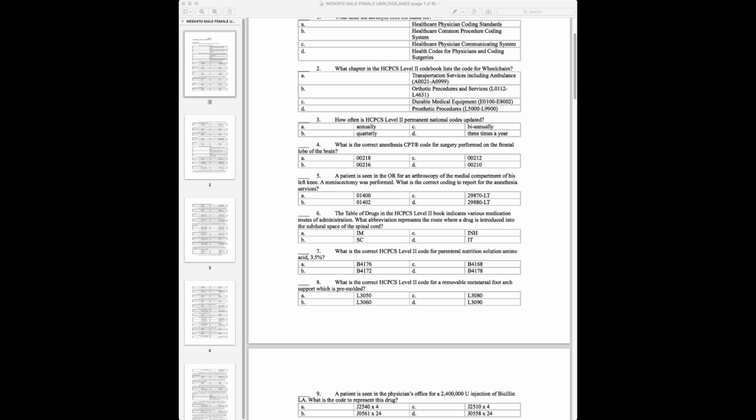You'd have both of those. Can't just have 01968 by itself because that is an add-on code. So already you would have been able to take out A and C, and you would have been left with their 01967. But they were delivering the baby cesarean, right? Cesarean deliveries. That's why you have the 01968 for number 50. Okay.